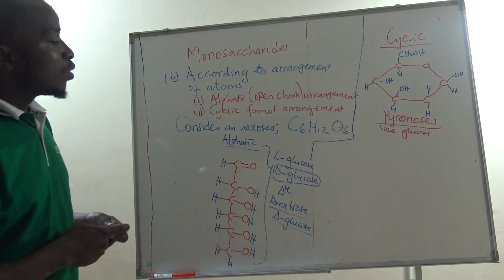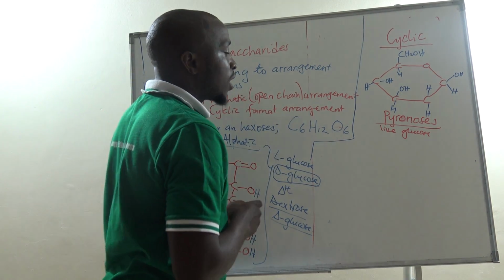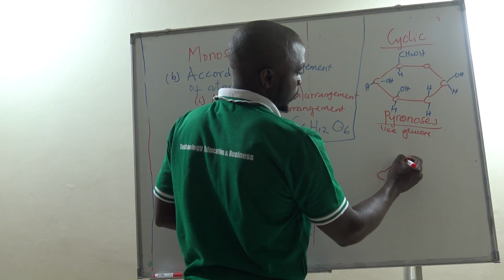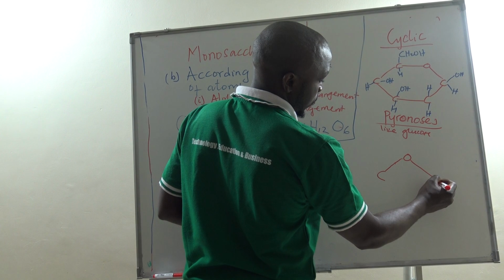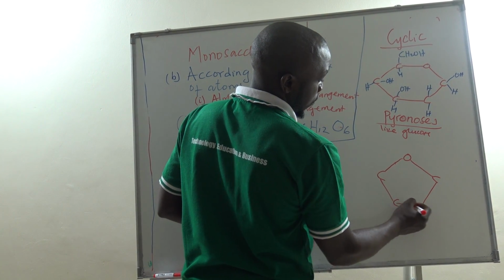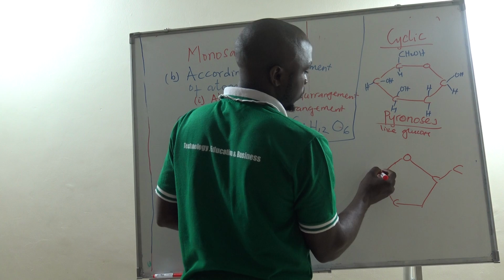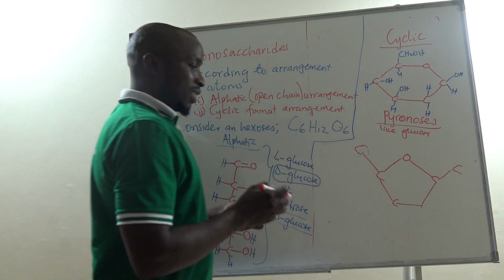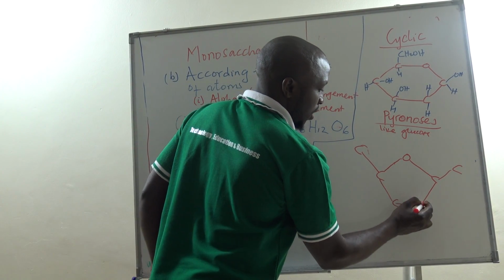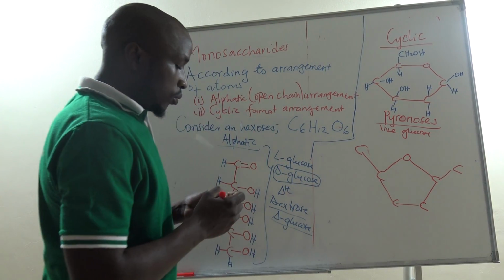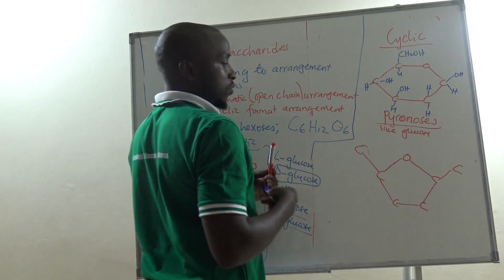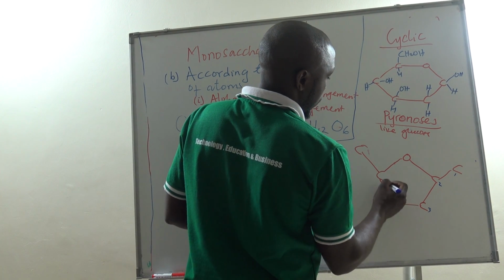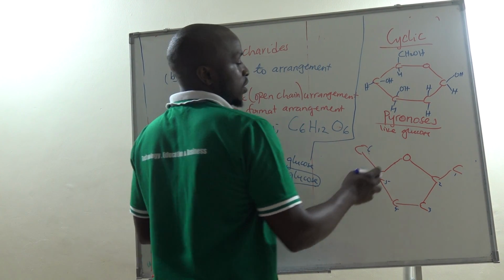But the same chemical formula can still take up another ring, a five-sided ring. There are 6 carbon atoms. Wherever there is a corner, there is a carbon atom, meaning there are 6 of them. Carbon atom 1, 2, 3, 4, 5, 6. This is one oxygen.